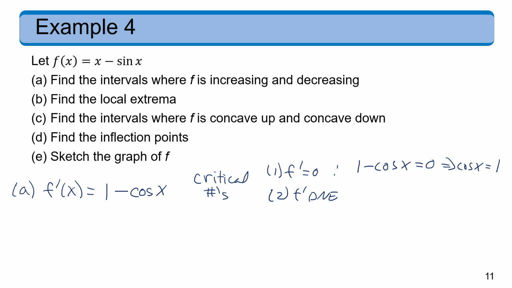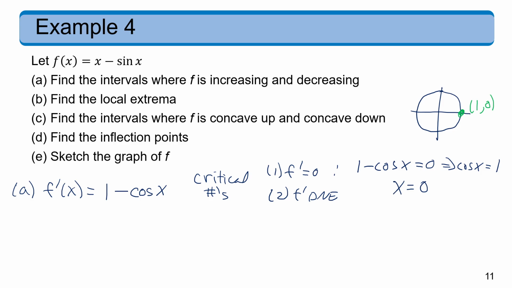So if you visualize your unit circle to help with that, cosine is always the x-coordinate of your ordered pair. So we want to find points on the unit circle where the x-coordinate is 1. And there's only one point, it's right here, the point 1, 0. And that angle is 0. So we get as a solution x equals 0.